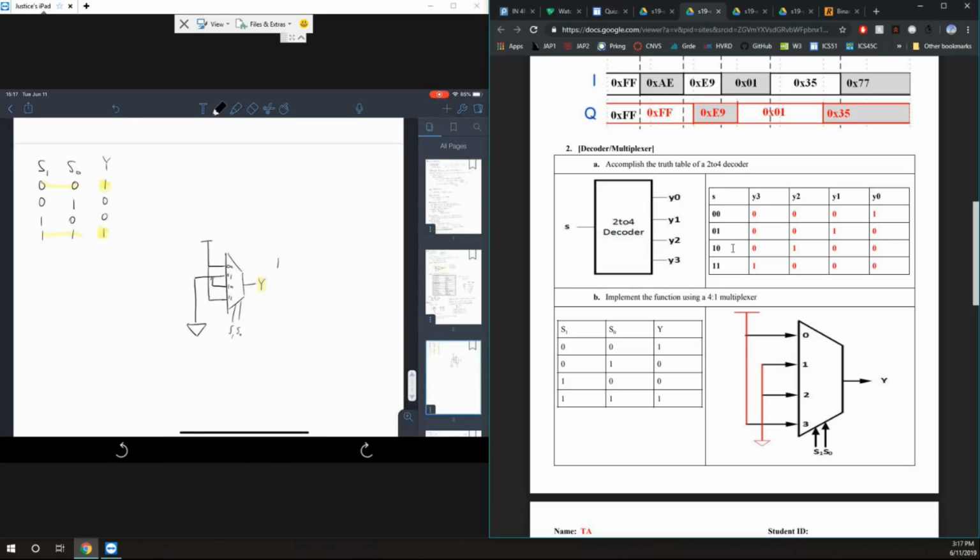And in this chart, this is when it has a high value. Does that make sense? Okay, so from there, Y has a high value when S1 and S0 are both 0 and when they're both 1. Does that make sense?